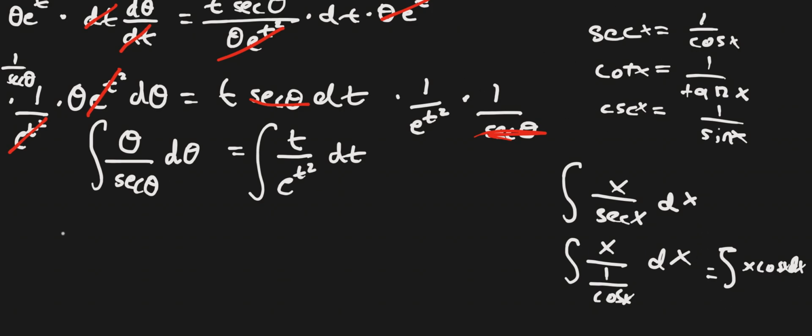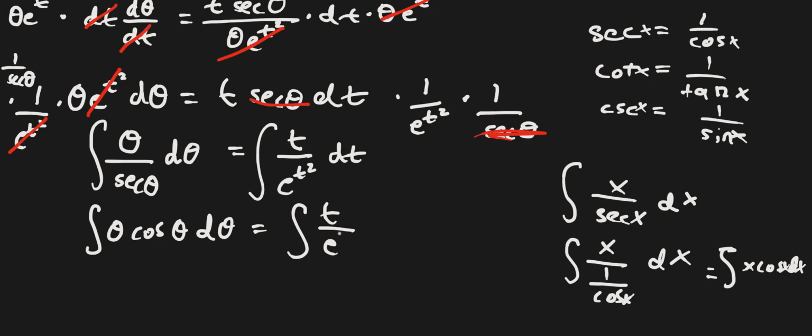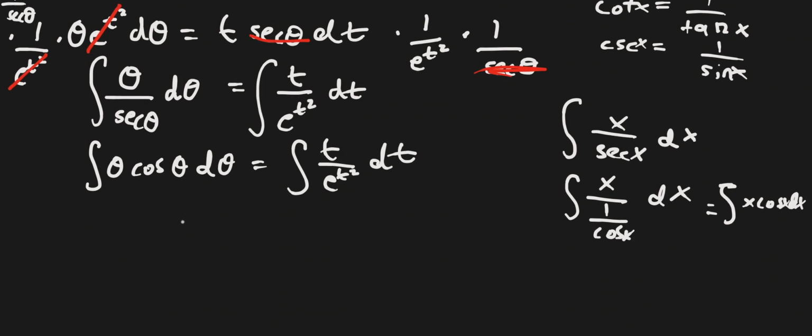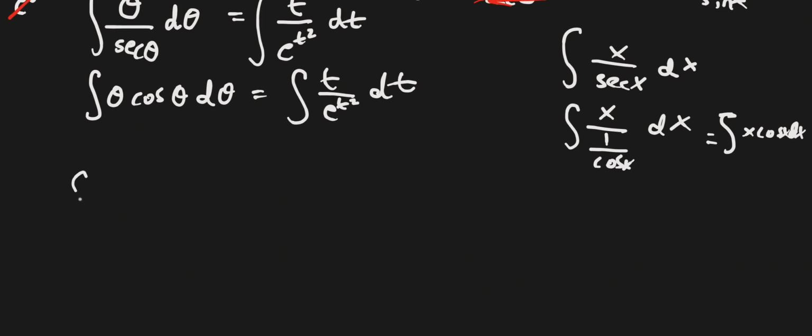So this is just going to be integration of theta cosine theta d theta, and this is equal to integration of t by e to the t squared dt. We'll worry about this one next, but we'll do this one first. So what is the integration of this side? Let me just write this separately: integration of theta cosine theta d theta.